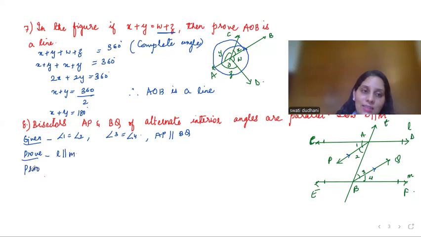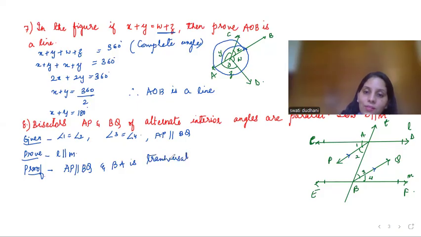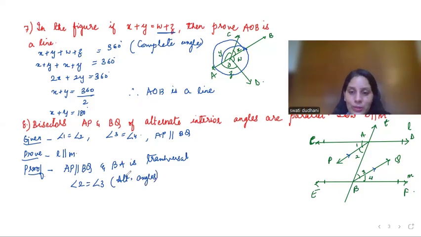So let's get started. Now, here, how do we start? Firstly, since AP and BQ are parallel lines and let's say BA is the transversal, we can write angle 2 is equal to angle 3 because they are forming alternate angles and alternate angles are always equal.